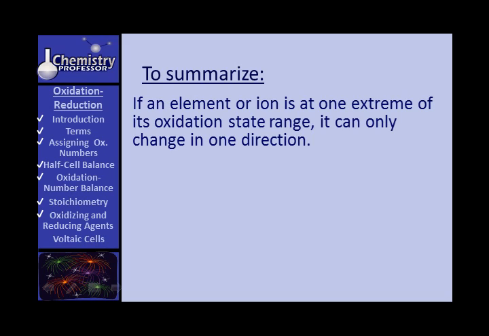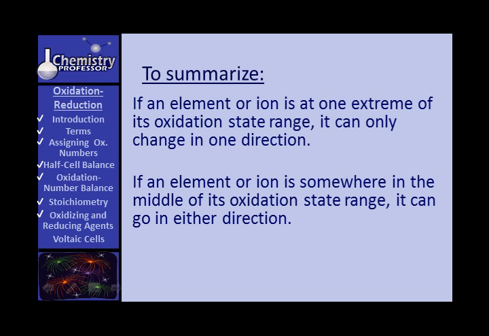If the range for iron was, for example, only that it could be 0, +2, and +3, and if it was a 0, the only thing it could do would be to lose electrons. Well, you get the idea. If an element or an ion is somewhere in the middle of the oxidation state range, then it can go in either direction.